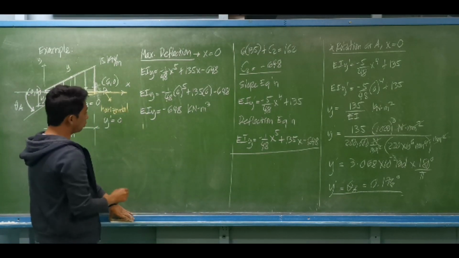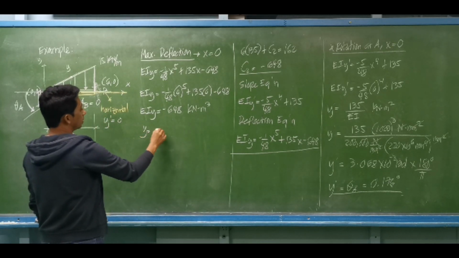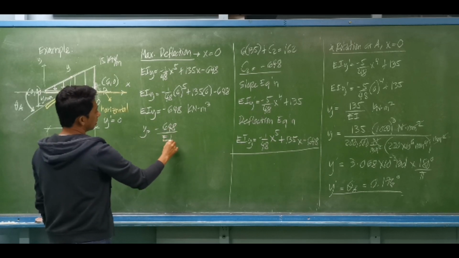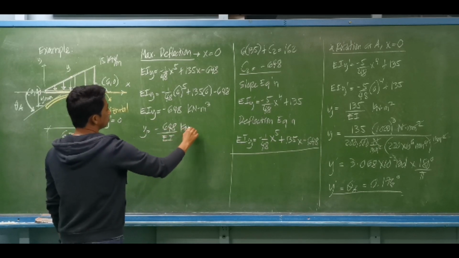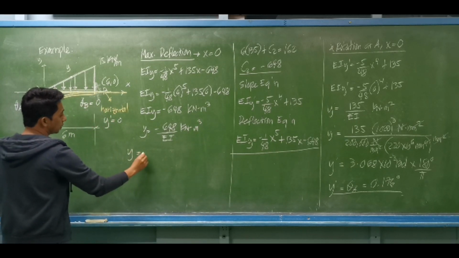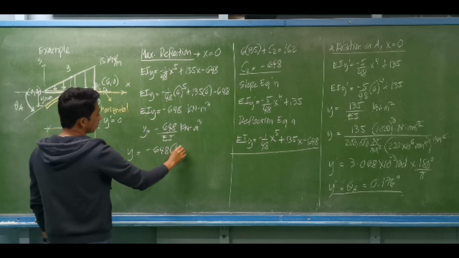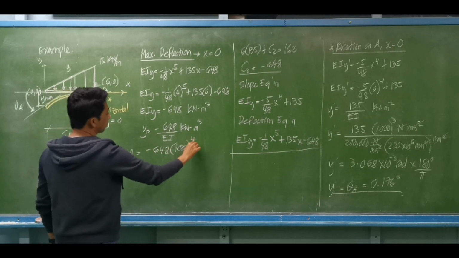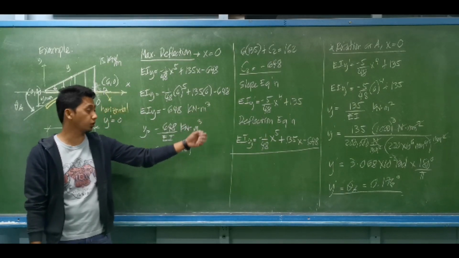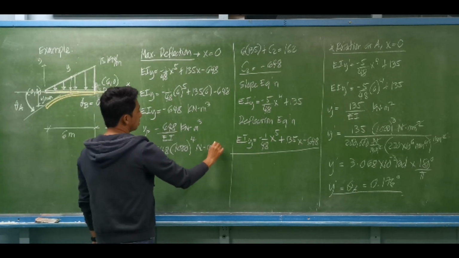So this is now y. The value of y is equal to negative 648 divided by EI, kilonewton meter cube. So y is equal to negative 648 multiplied by 1,000 raised to 4, that is 1,000 for the kilonewton, 1,000 cube for the meter cube, para maging newton, millimeter cube.